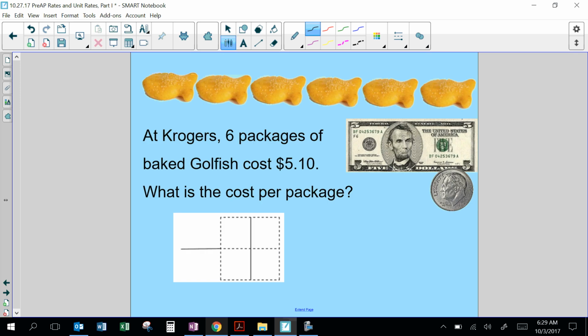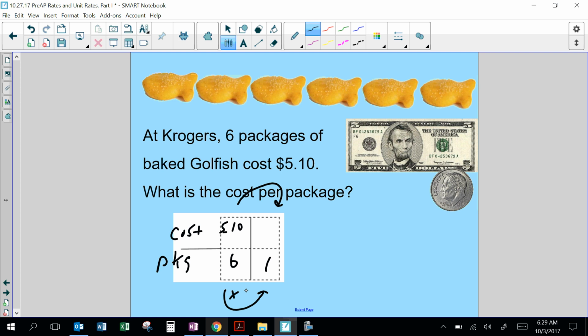At Kroger, 6 packages of baked goldfish cost $5.10. What is the cost per package there? So we know the cost is $5.10 for 6 packages. I want to find a cost for one package. So how am I going to break it down from 6 packages to one package? Divide by 6.